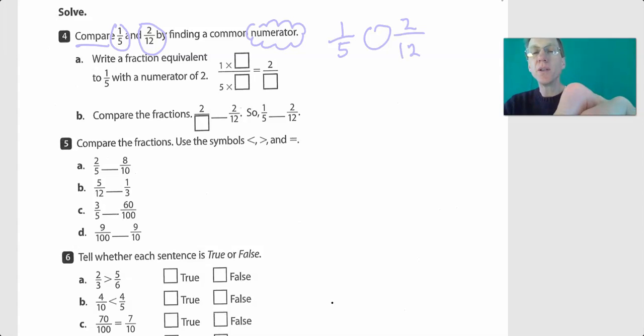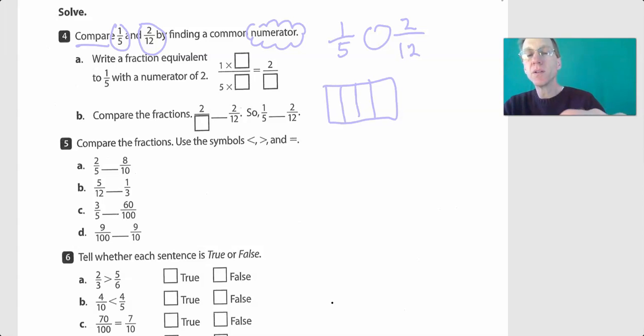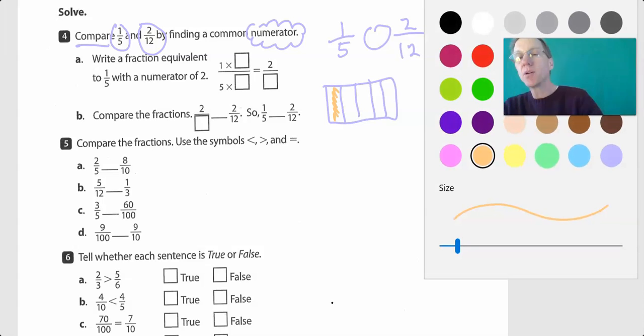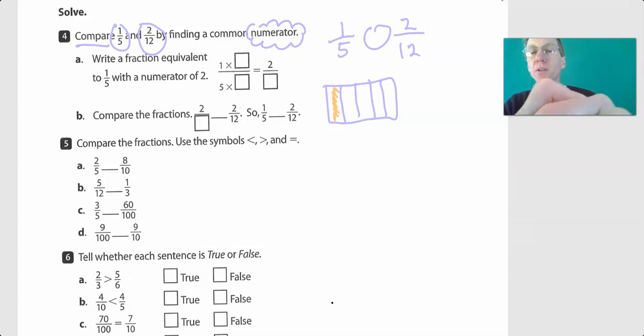Well, you know what I could do? If I doubled this numerator and doubled the number of slices, I could get a numerator of 2. Okay? In other words, if I had a pizza cut into 5 parts, 1, 2, 3, 4, one of those were shaded. And I wanted to compare it to this pizza with 2 slices shaded in.